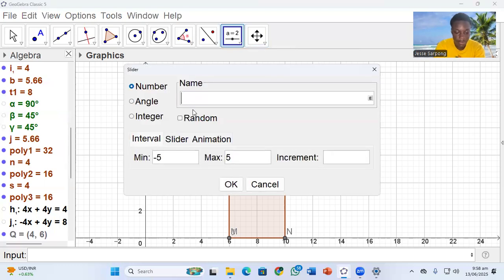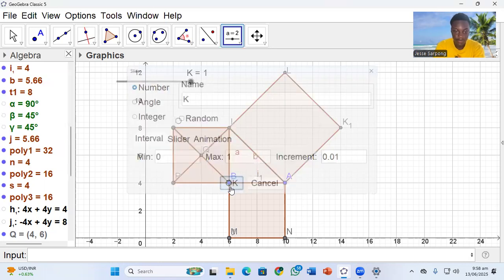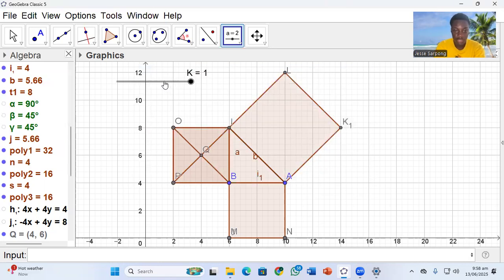Now I'll name my slider K. Then I'll change the minimum on the slider to 0, and the maximum to 1. The increment will be 0.01. Okay, now I have my slider over here.